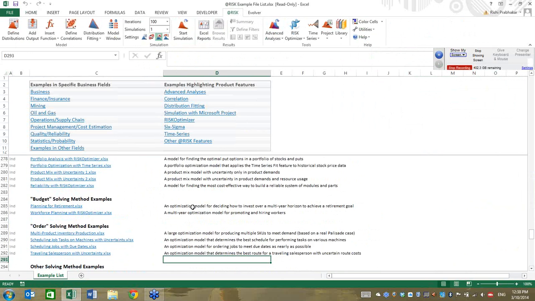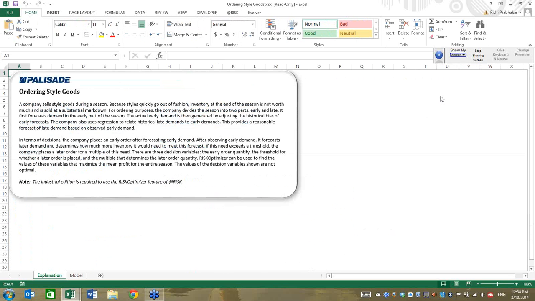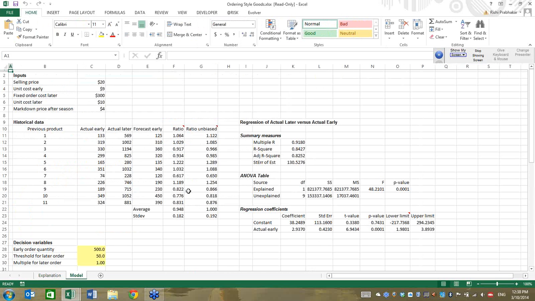So if I look at another problem, newsvendor hotel booking, let's say, ordering style goods. I like the fact that it had the word style in the title.